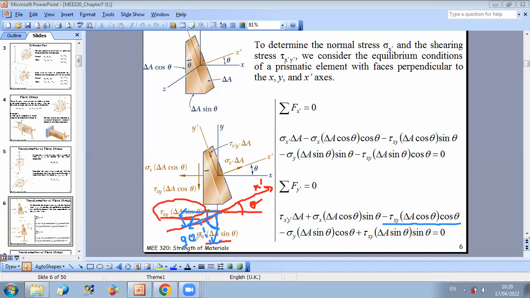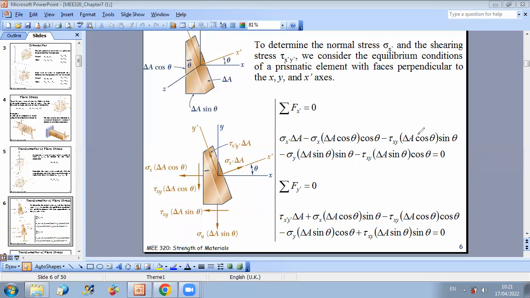So you should do minus sigma y delta A sine theta times sine theta. Now you have the projection of all forces on x prime equal to 0. You got your first equation.